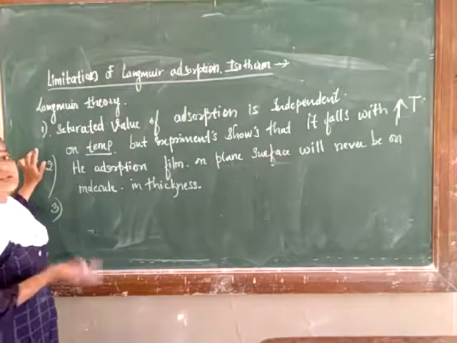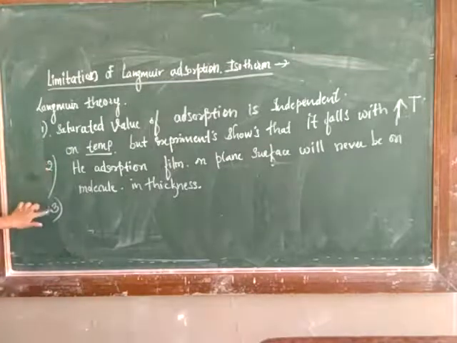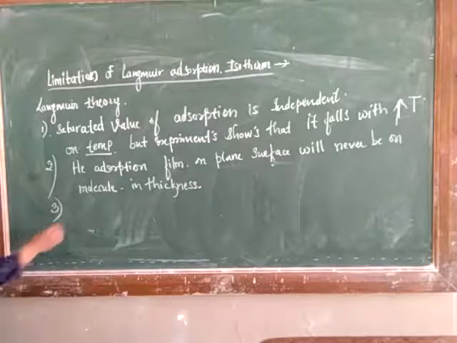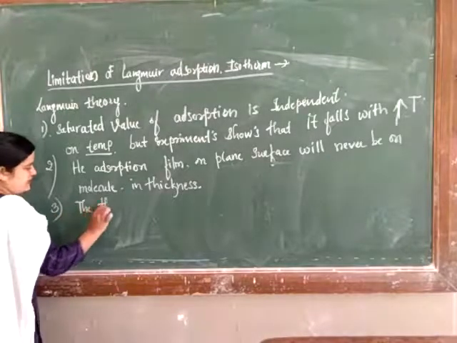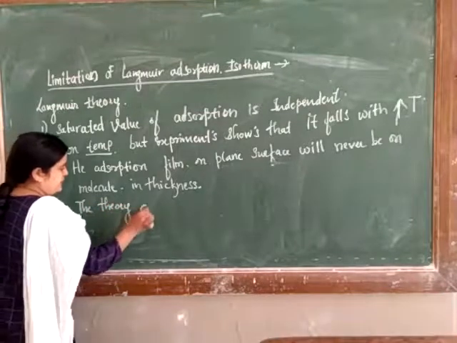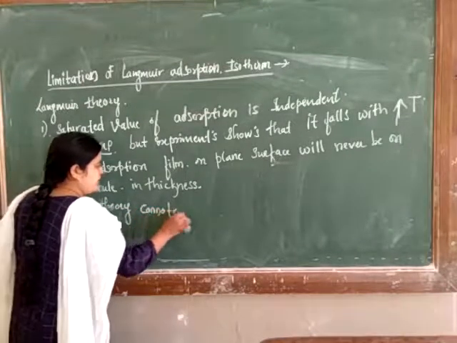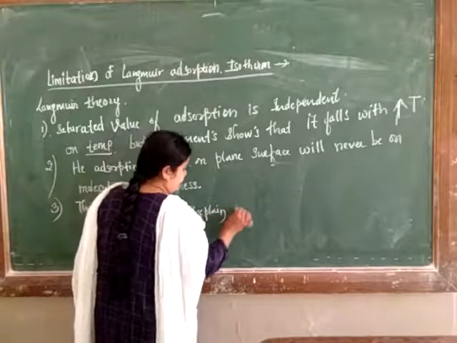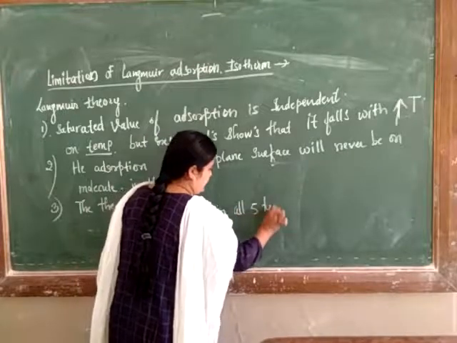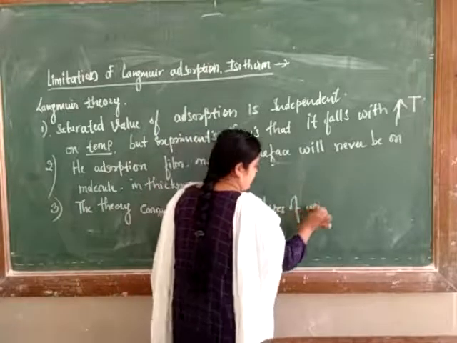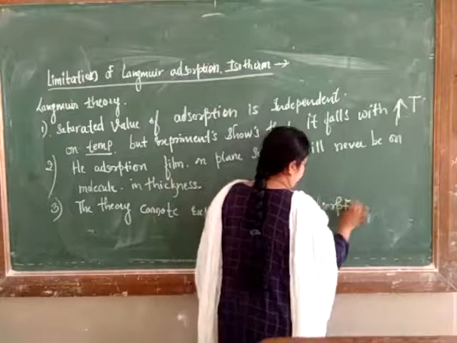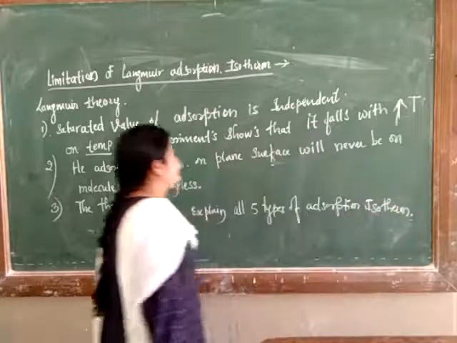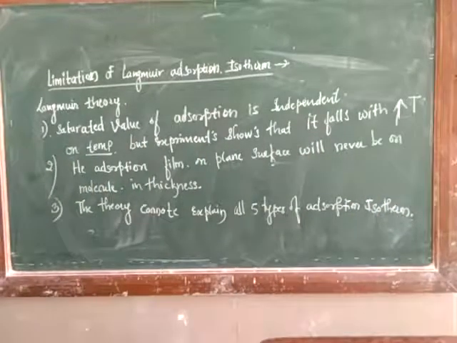The third limitation is that the theory cannot explain all 5 types of adsorption isotherm. Okay, this is about the limitations. These 3 major limitations were given by Langmuir himself.